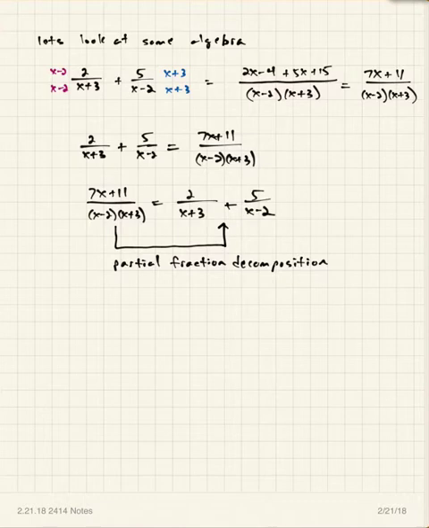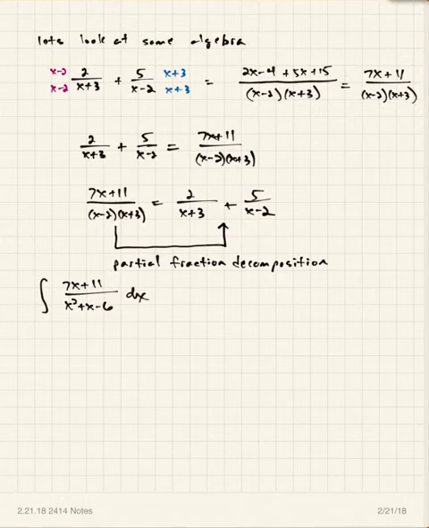Now think about what the ramifications are for this kind of problem with an integral. Let's say we had this integral, 7x plus 11 over x squared plus x minus 6 dx. That problem is not a long division problem because the degree of the numerator is smaller than the degree of the denominator.